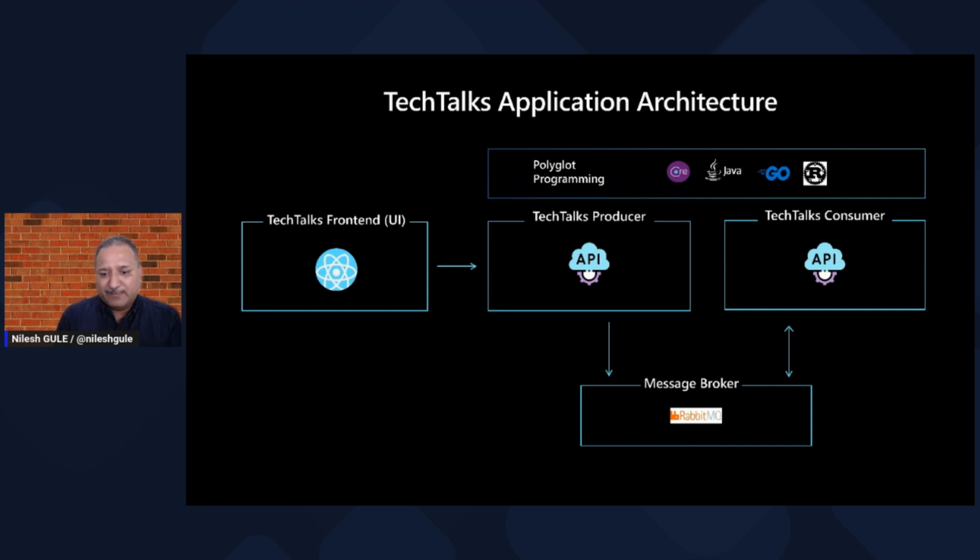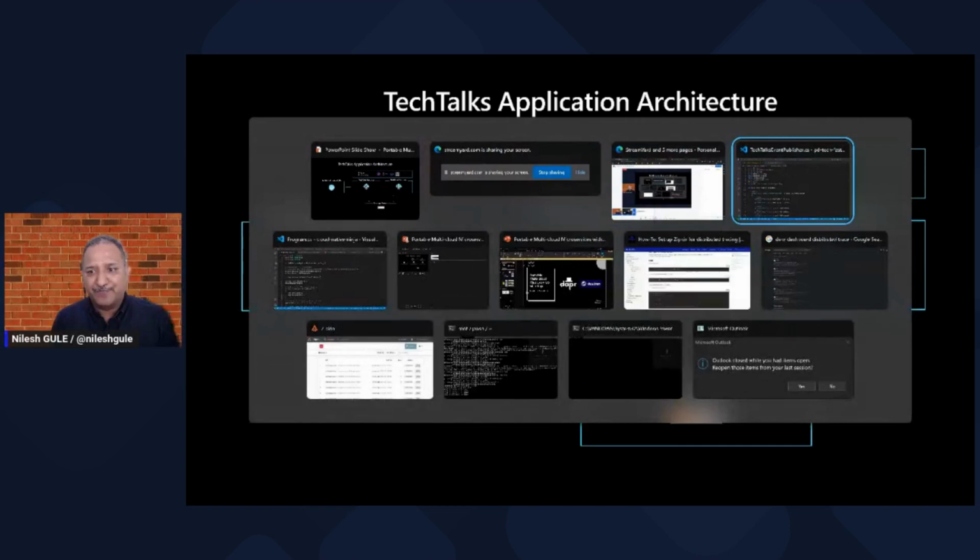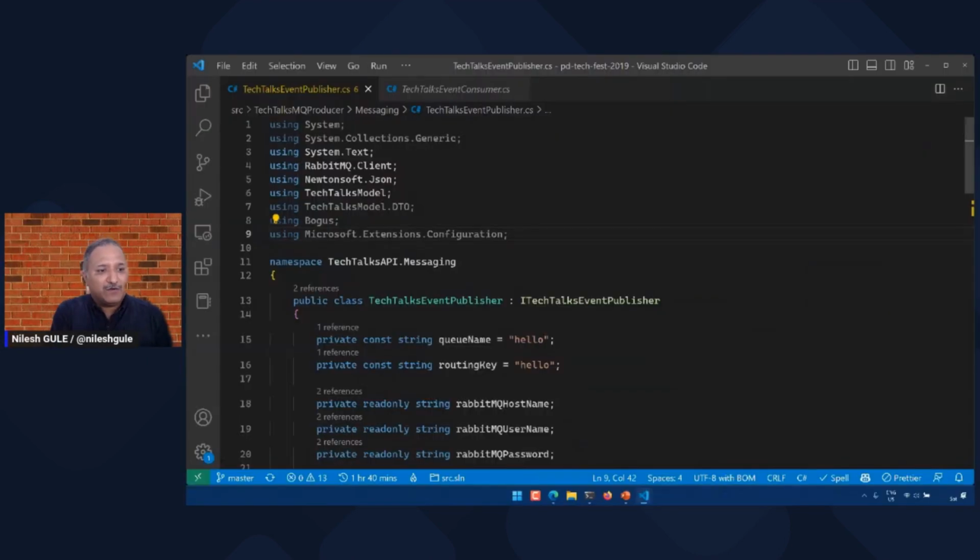So in this example, I'm going to use RabbitMQ as the message broker for decoupling my producer and consumer. And for the programming languages, I would like to demonstrate .NET Core, Java, Go, and if time permits, Rust as well. So let me switch to the Visual Studio Code and see what is required for building such an application.